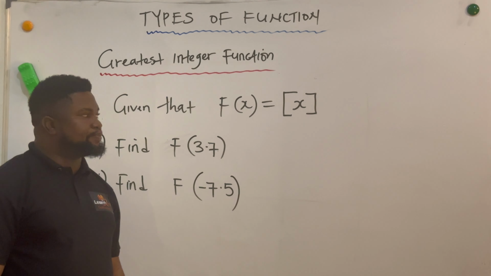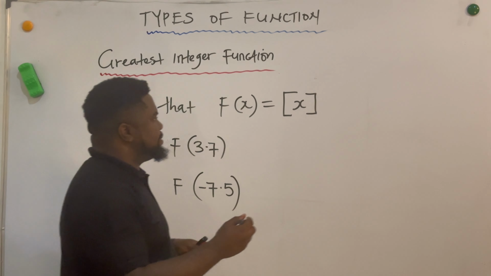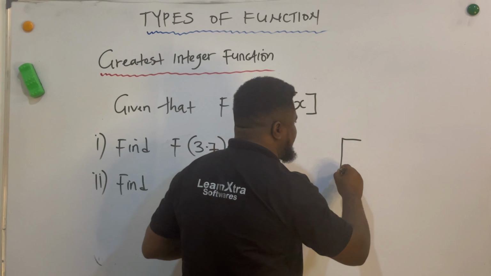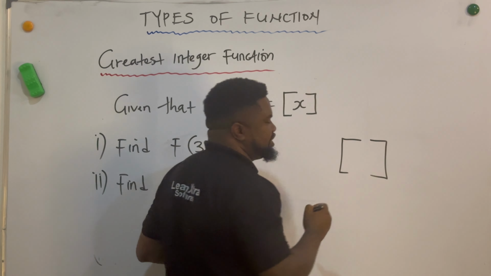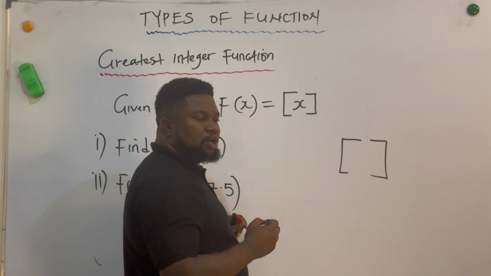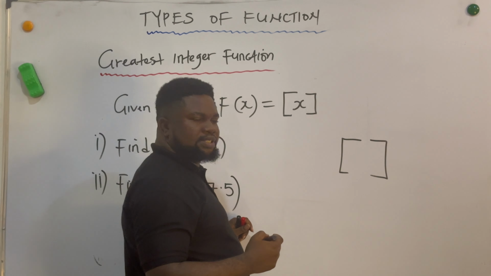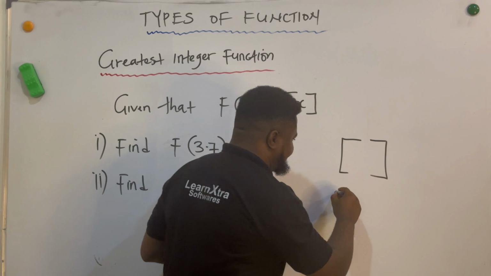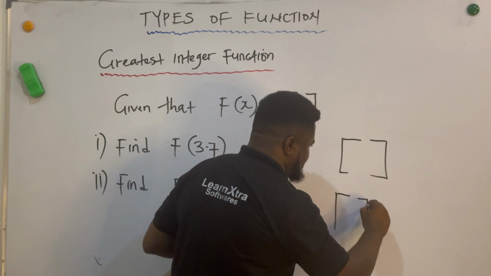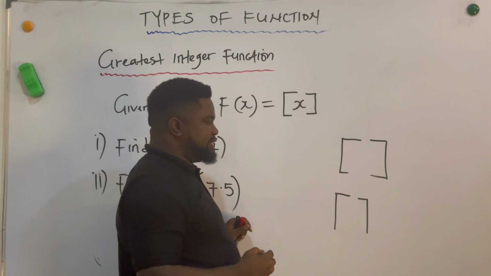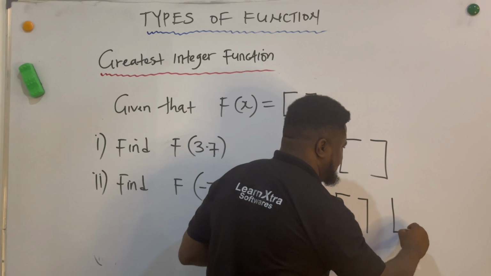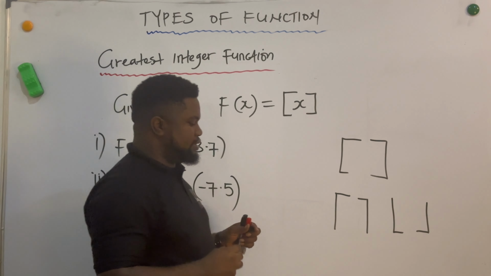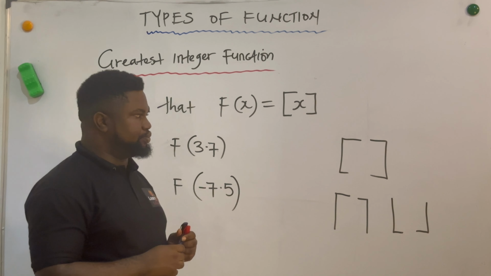Before we solve this, take note, this symbol stands for greatest integer. Although it's of two types. You can see it like this, and you can see it like this. I will explain both of them for you.